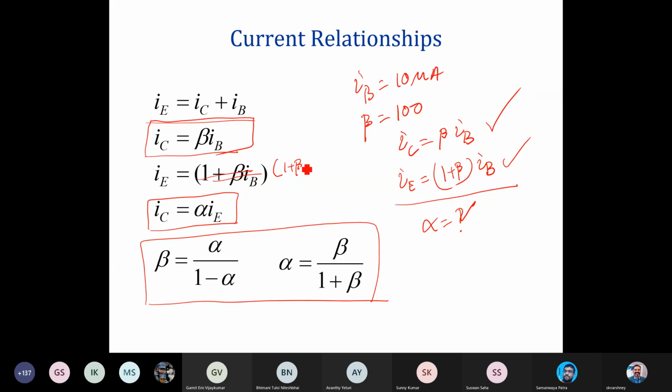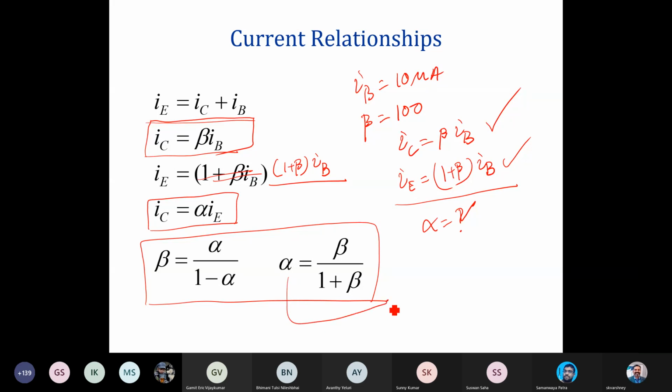And IC equals alpha IE. If, let's say, the base current is 10 microampere and beta equals 100, we can find the other current components: the collector current by IC equals beta times IB, and IE is 1 plus beta times IB. We can also estimate alpha.